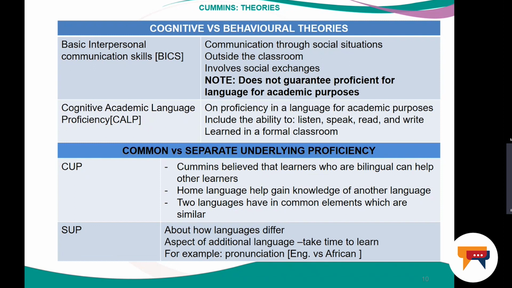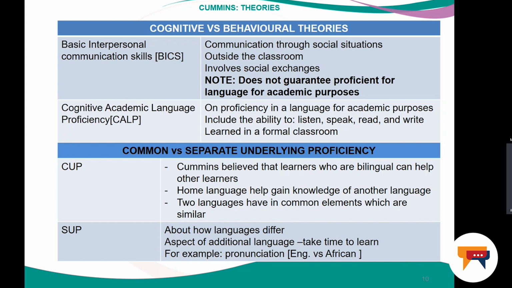We have another theorist, it's Cummins. Cummins talks about cognitive versus behavioral theories. And when we look at Cummins' theories, it's BICS and CALP, you know about them. BICS is basic interpersonal communication skills, and CALP is cognitive academic language proficiency. All this is self-explanatory.